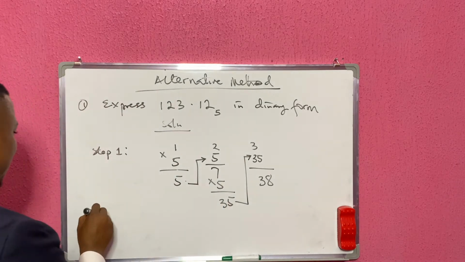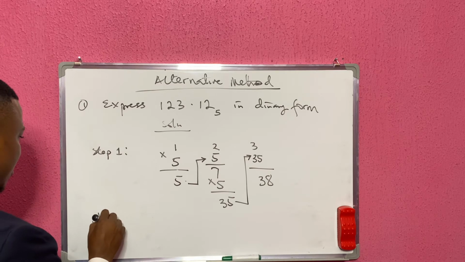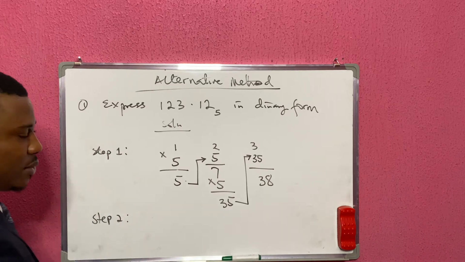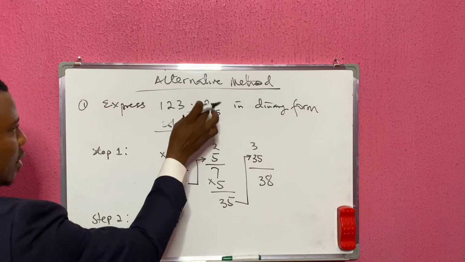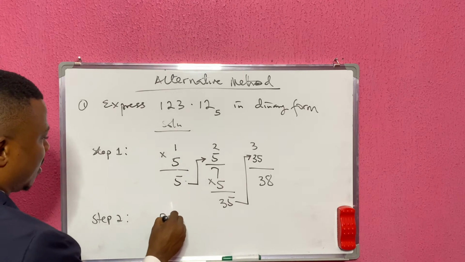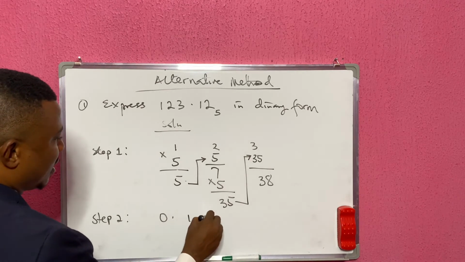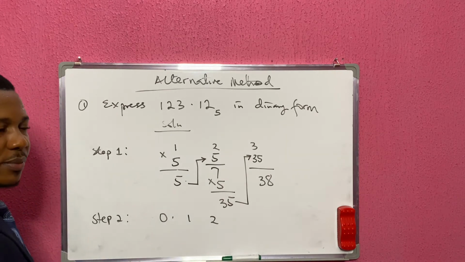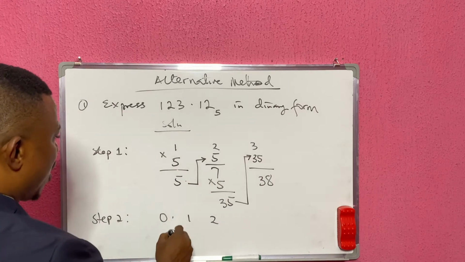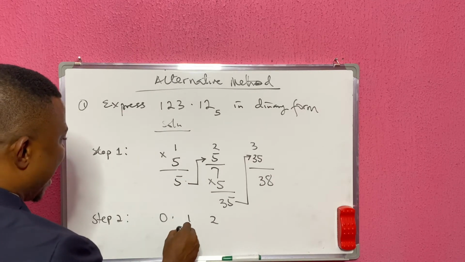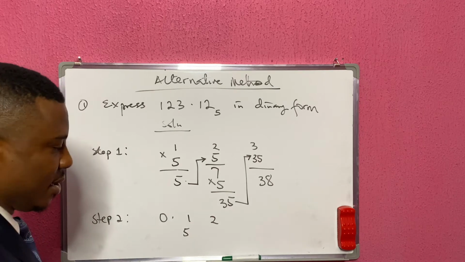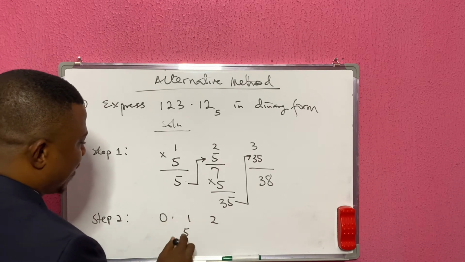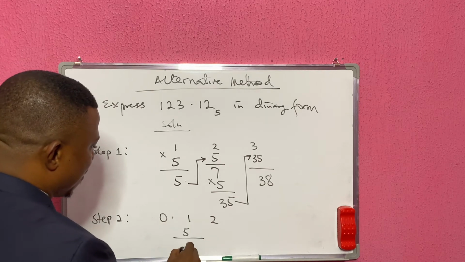Then step 2, decimal part, dot 1, 2. You are going to multiply this by 5. You have 5.